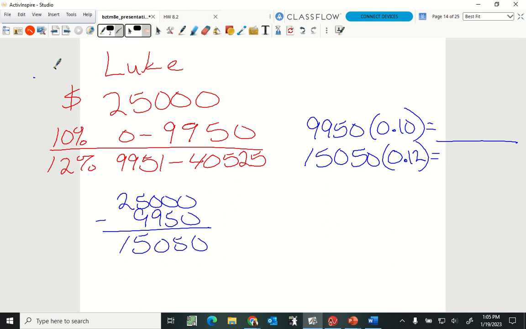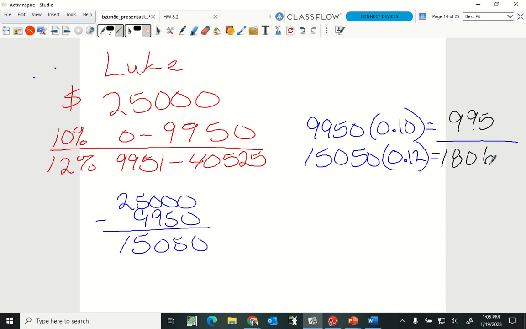So 10% right here is going to give me $995, right? Yeah. Now, 12% of my 15,050 is going to be 1806. So because this is a tiered system, on his first 9,950, he's going to pay this much.